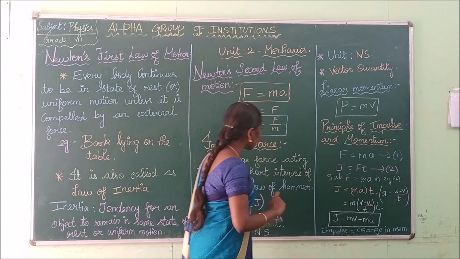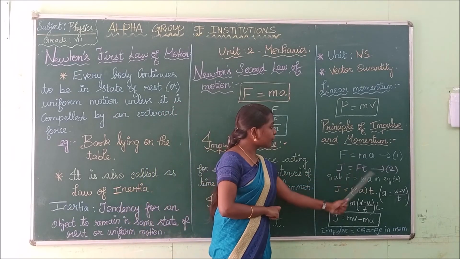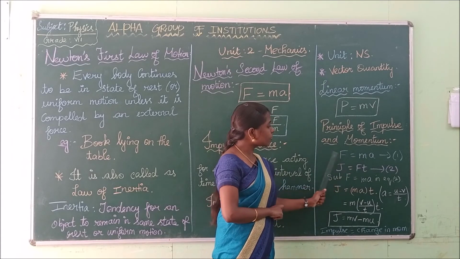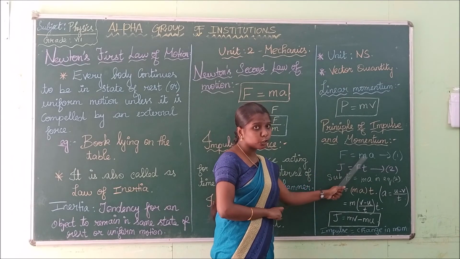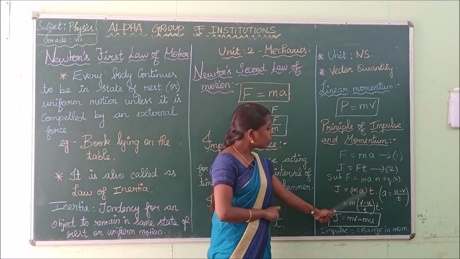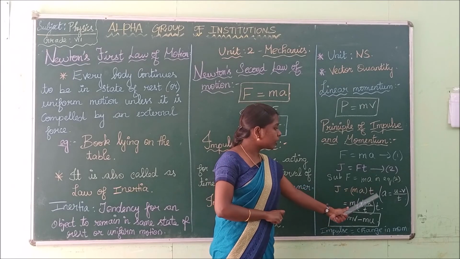Now, what is the formula for impulse? J is equal to Ft. Now we are going to equate these two formulas. J is equal to, what is the formula for F? F is equal to ma. Instead of F, I am substituting ma into t.